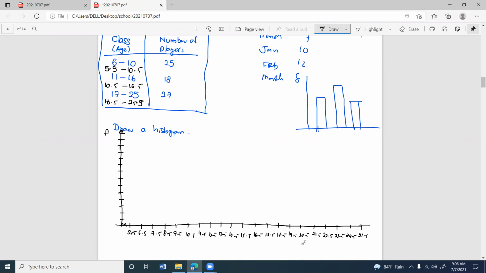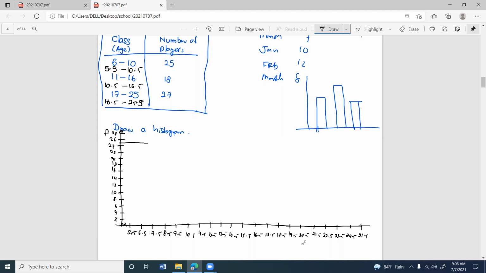Now, if you draw this histogram for this, the scale gets 2, 4, 6, 8, 10, 12, 14, 16, 18, 20, 22, 24, 26, and 28. For the first category, put the 25. See here, up to where?